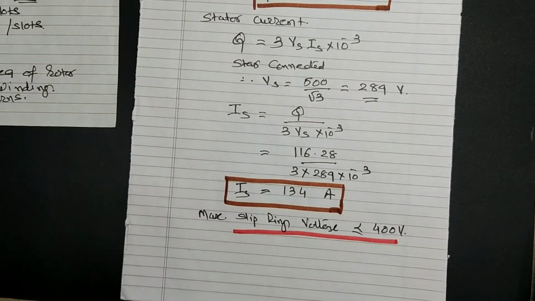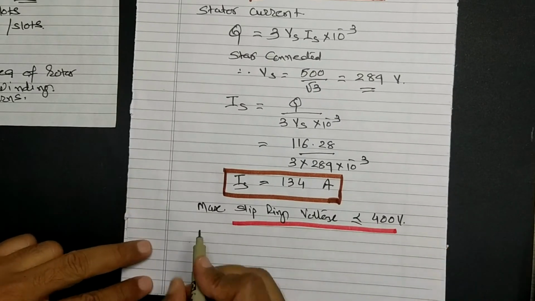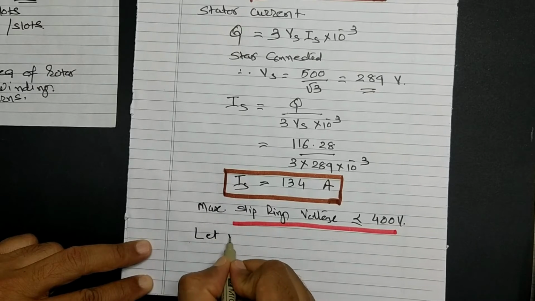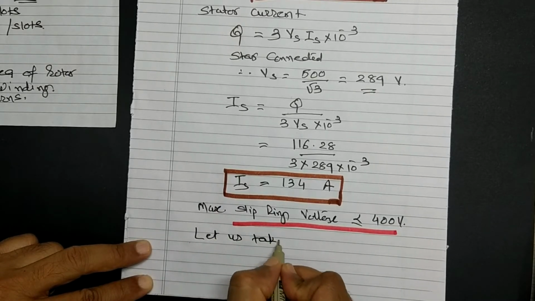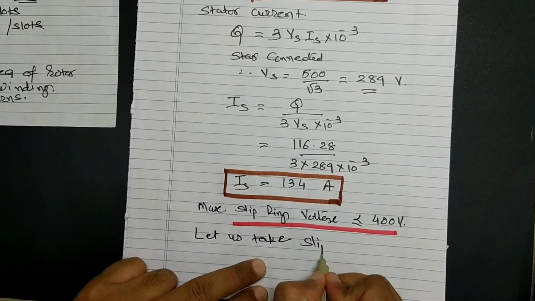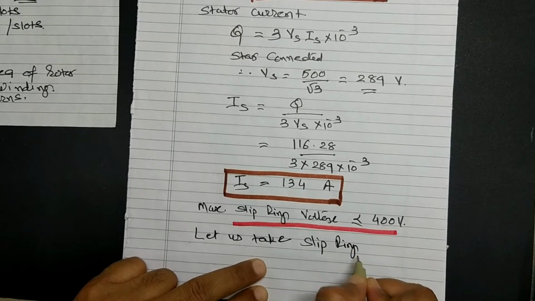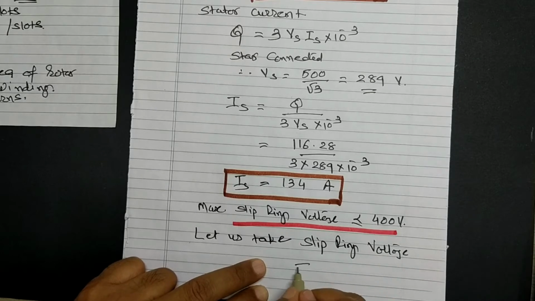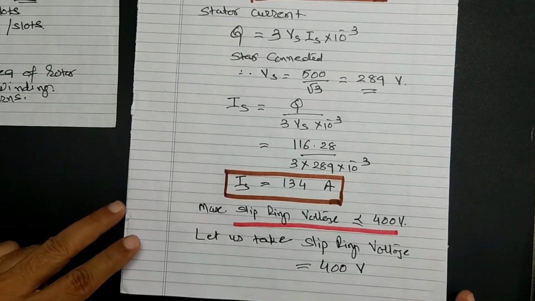Let us take 400 volt as the rotor voltage between slip rings. For example, we are taking maximum voltage 400 volt, then we'll come to actual voltage.